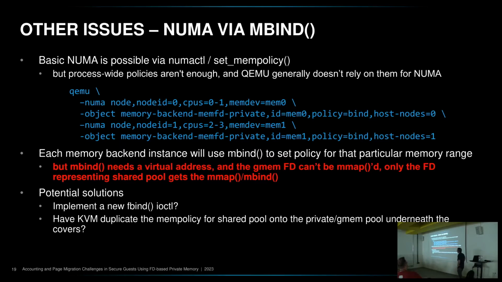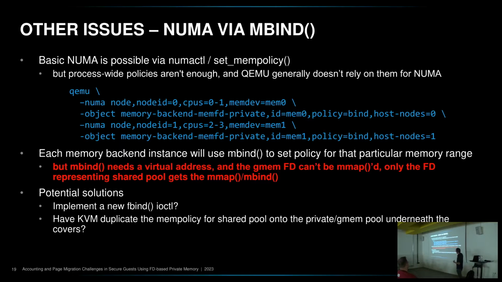I had the example earlier where we used numactl to set what nodes the guest memory should come from, and that actually worked out pretty well, but that doesn't help too much in the case of QEMU, because QEMU tends to use mbind to handle setting NUMA policies, so that it could do things like have two virtual NUMA nodes and pin those to the actual physical NUMA nodes on the host to mimic the host NUMA topology. And numactl doesn't really help with that sort of thing.